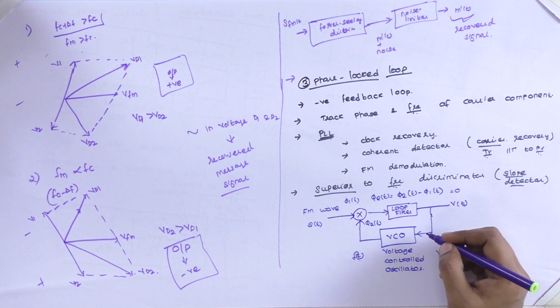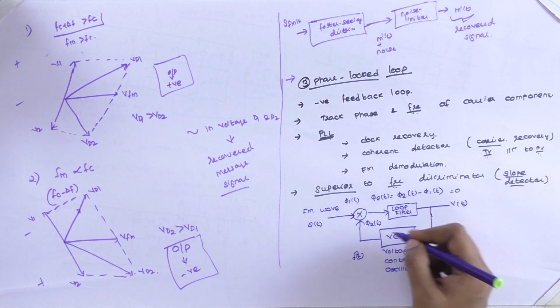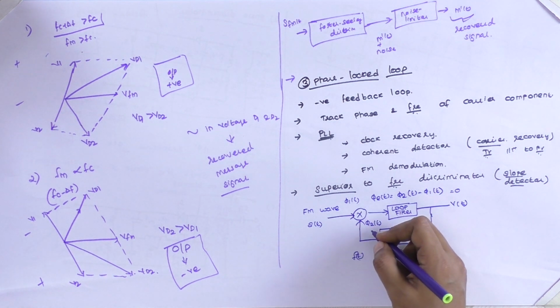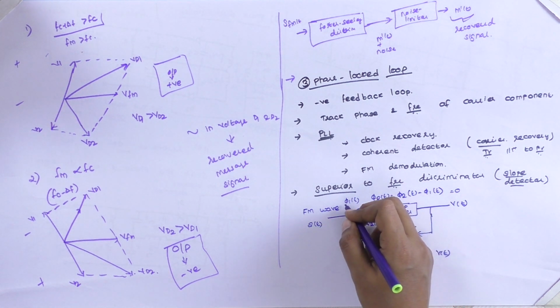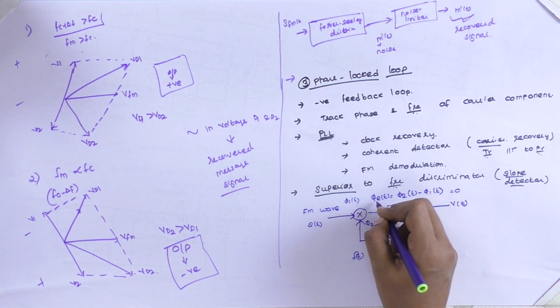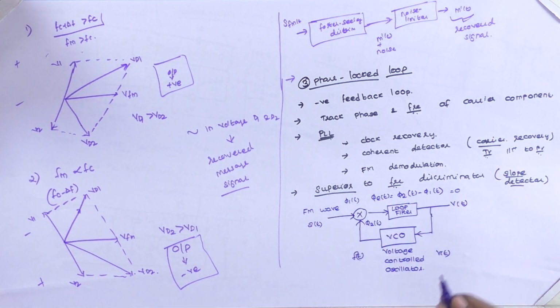That is, the phase difference between the input signal and output signal should be zero. The VCO output phi 2 has to follow phi 1 of t, so that it ensures phi e of t, the phase error, is zero.